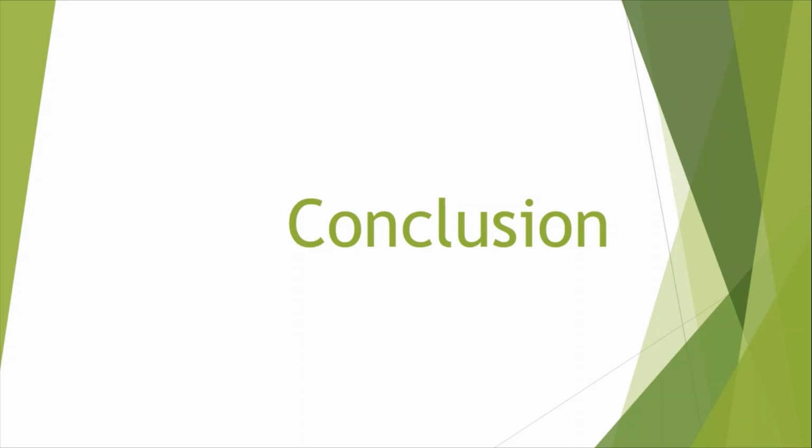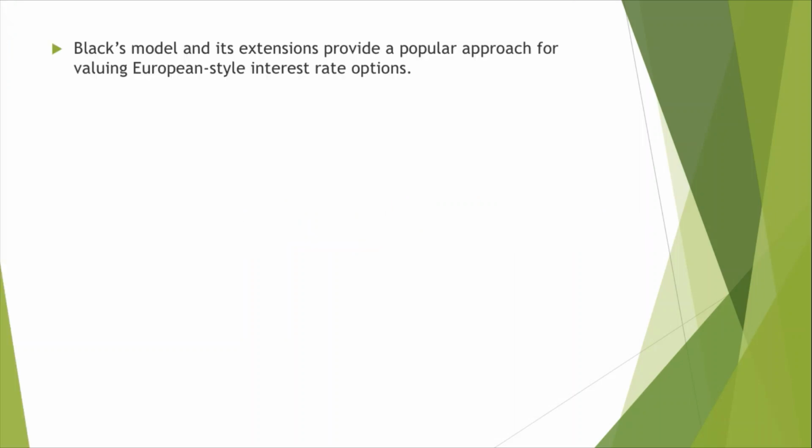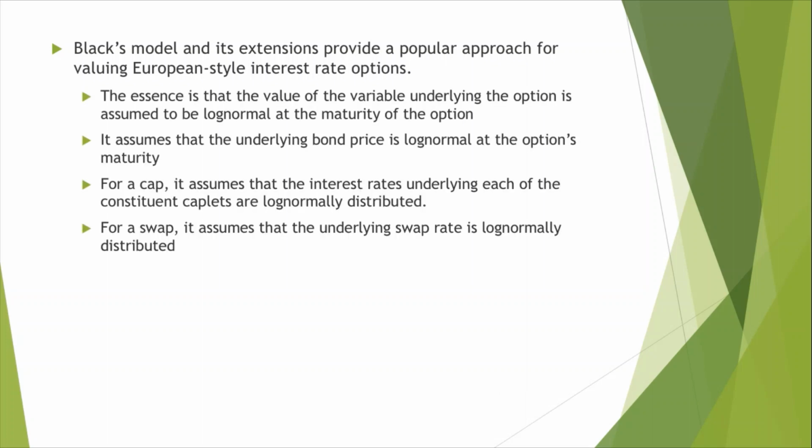Now, to conclude this whole section, we have presented Black's model, and its extensions provide a popular approach for valuing European-style interest rate options. The essence is that the value of the variable underlying the option is assumed to be lognormal at the maturity of the option.